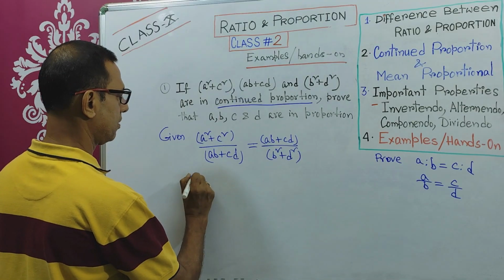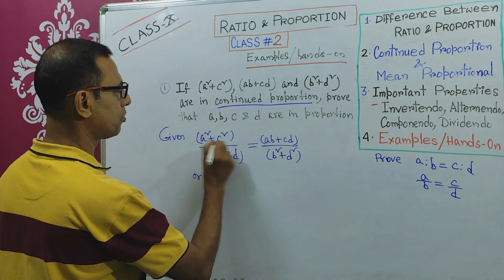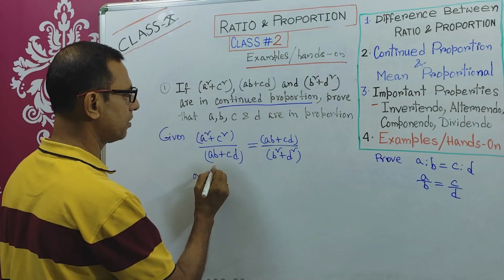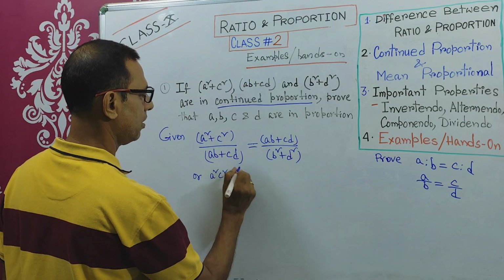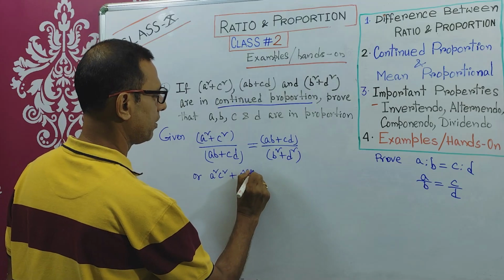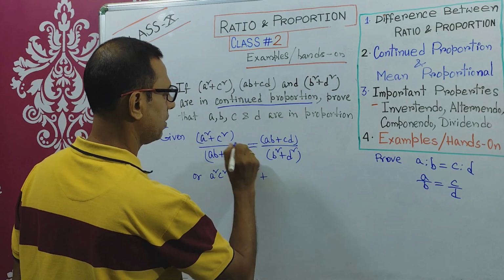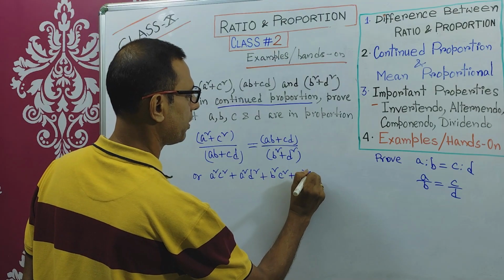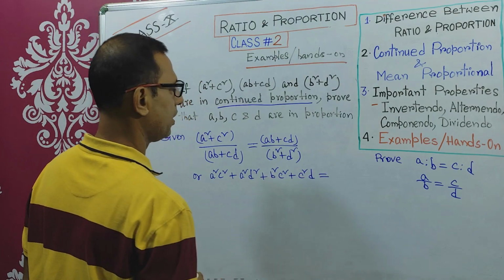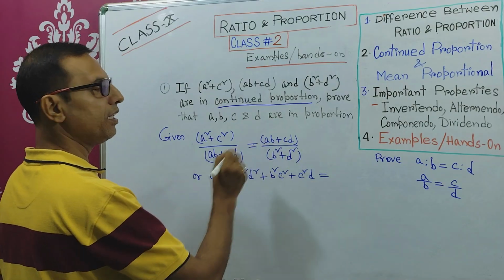I'm multiplying these two: A square plus C square into B square plus D square. So it is A square B square plus A square D square plus B square C square plus C square D square equals AB plus CD whole square.